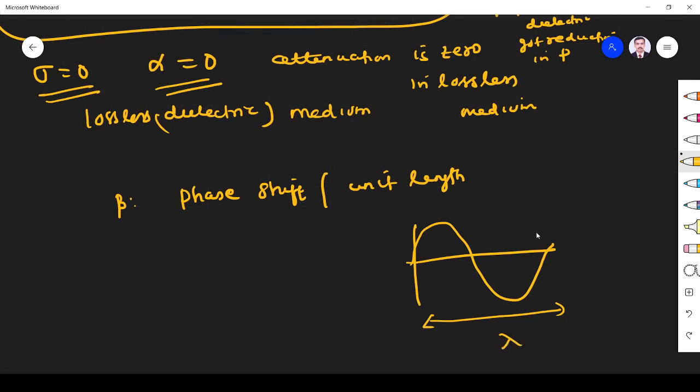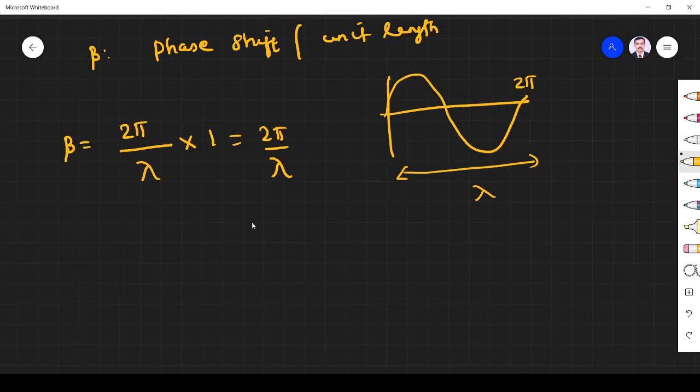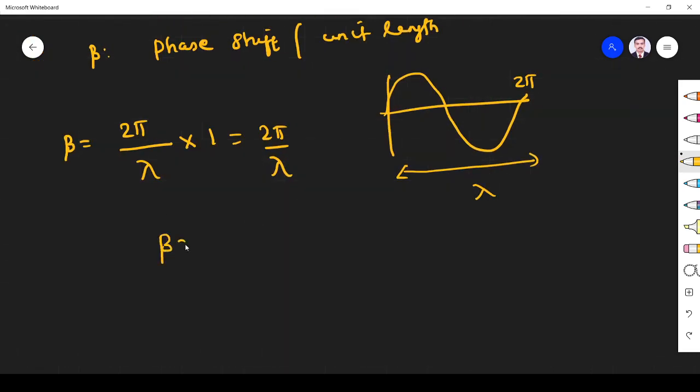How much angular displacement has it undergone? 2 pi. So what is beta? Beta is phase shift per unit length. For lambda length, the phase shift is 2 pi. For unit length, it is 2 pi by lambda. So beta is equal to 2 pi by lambda. Fine. So we have to remember that.